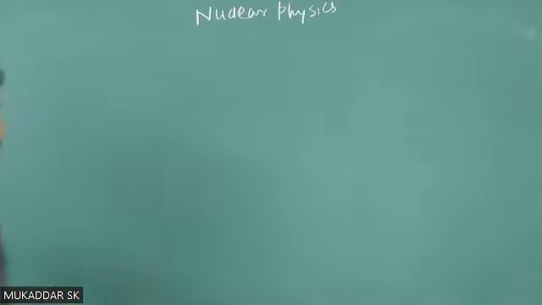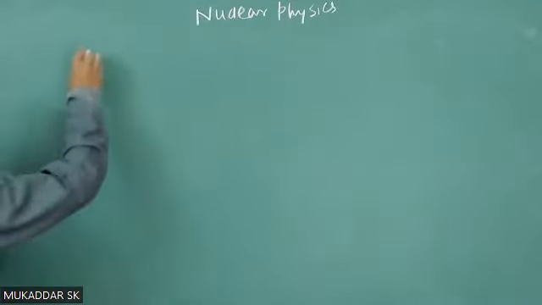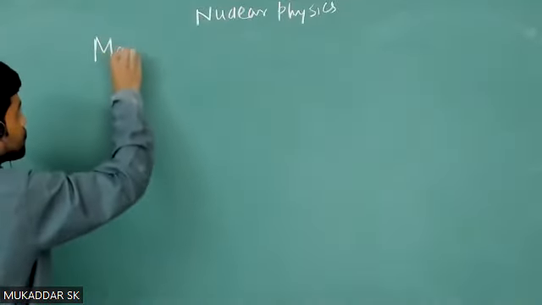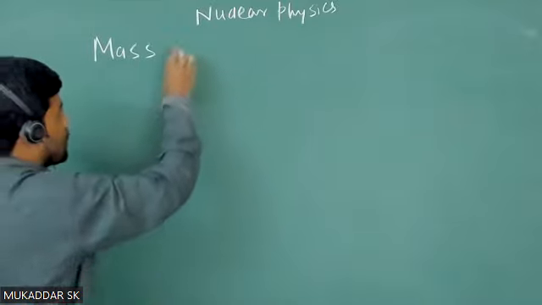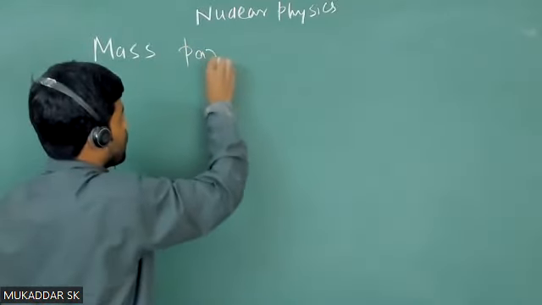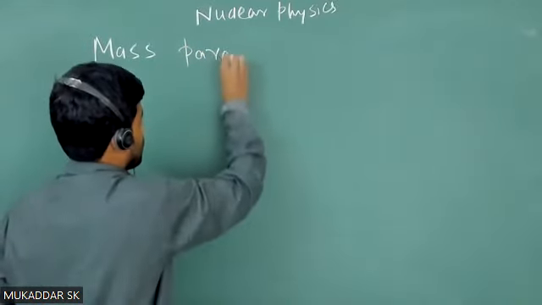So visual proof. There is mass parabola. Mass parabola. Very important to understand for beta decay.